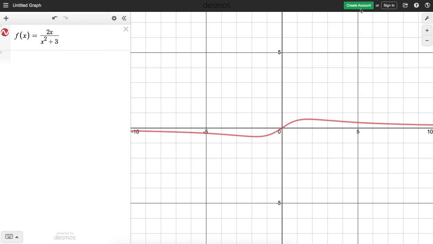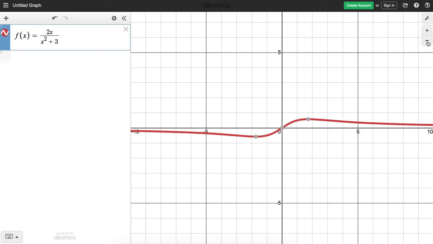Here's our function, 2x over x squared plus 3. Right around here we get a little bit of interesting behavior, but for long-term end behavior, as we go further to the right and further to the left, our output values of y get closer and closer to 0.